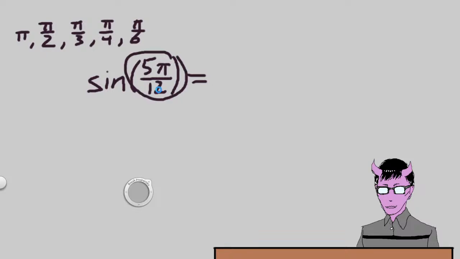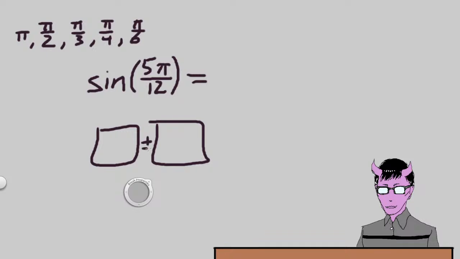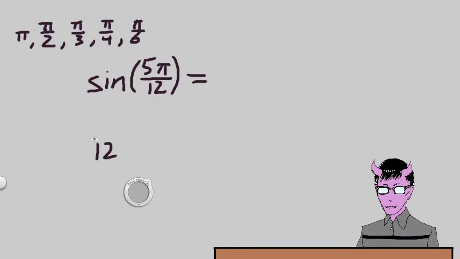Let's just try to break this down as much as possible. Can we break down 5 pi over 12 into a sum of two nice angles? So thing number 1 and thing number 2, right? How do we break this down? Well, in the sloppiest sense, we can just put 12 on the bottom. Try to imagine a number right there. It's kind of like guesswork.